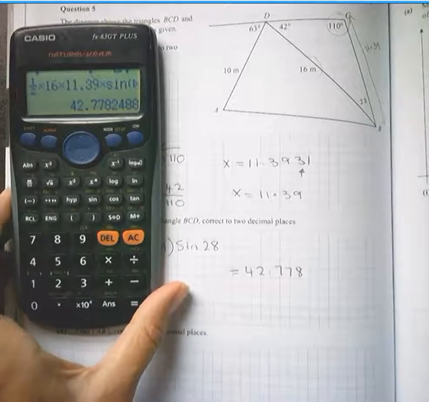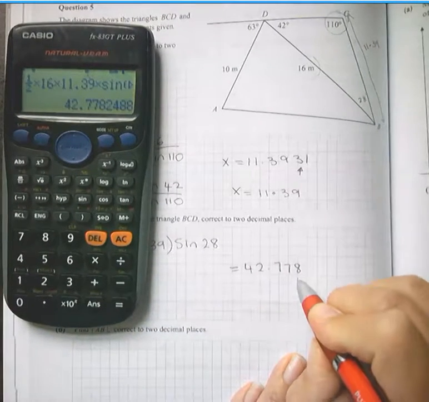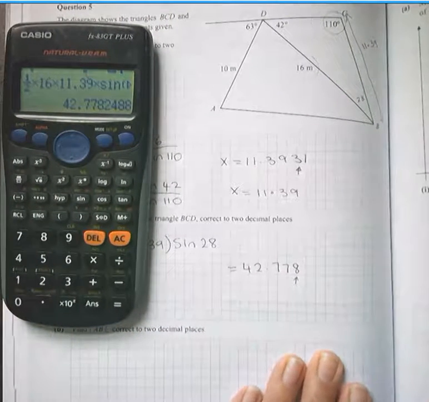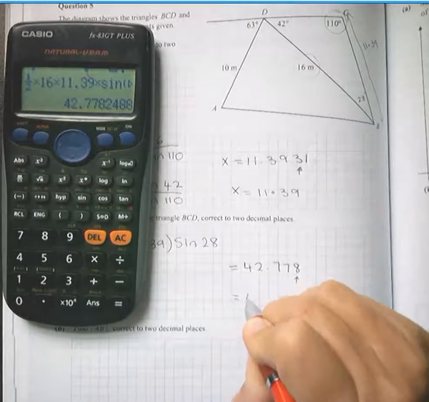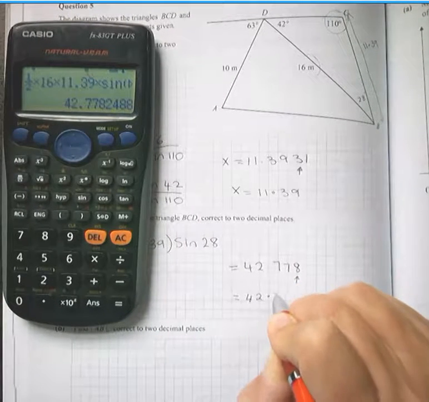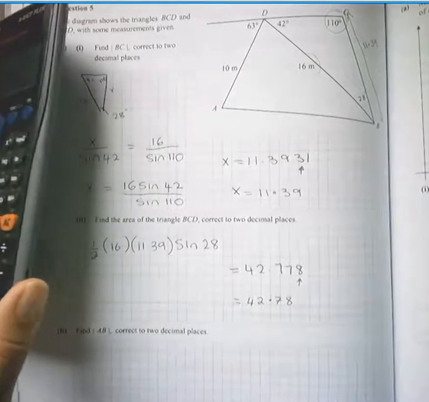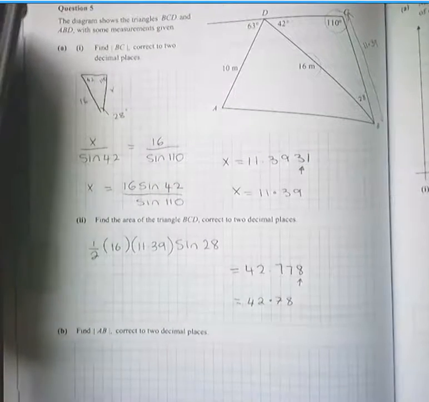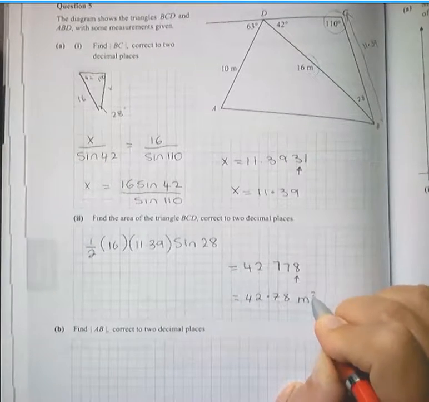Okay, in terms of the question, it wants corrected 2 decimal places. So you look at the third, it's an 8, which is bigger than 5, so you add 1 on. So in terms of this, you are getting 42.78 units. Okay, and it's meters, so it's meters squared.